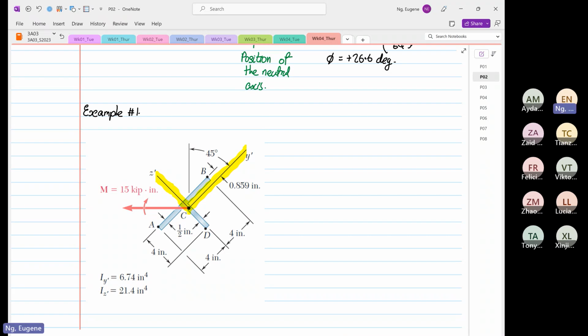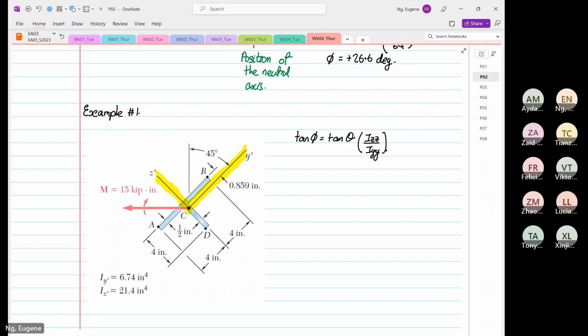So for this case, we know that the formula is tangent phi is equal to tangent theta times IZZ over IYY. Okay. And you realize that Y prime and Z prime is attached to the structure.